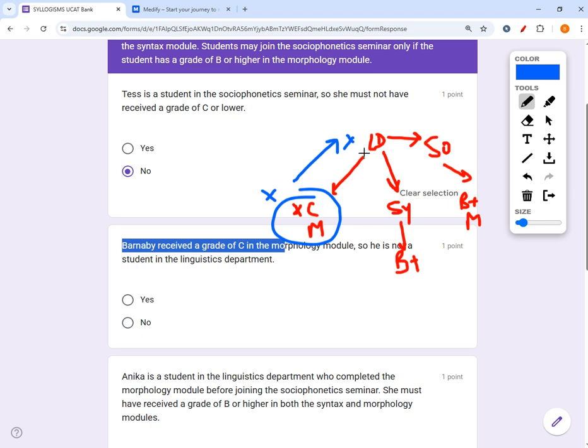I can only go against the arrow if there is negation of the condition, so we agree with this one.